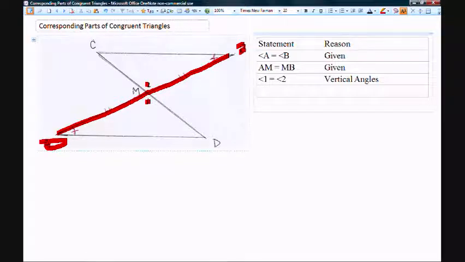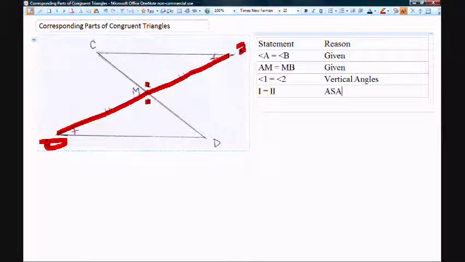Now, you can use one of the 4 shortcuts for congruence, and in this case it will be the angle side angle, and that proves that triangle 1 is congruent to triangle 2 by the angle side angle postulate.